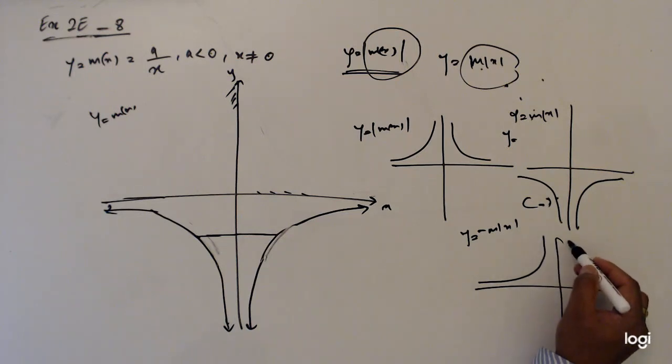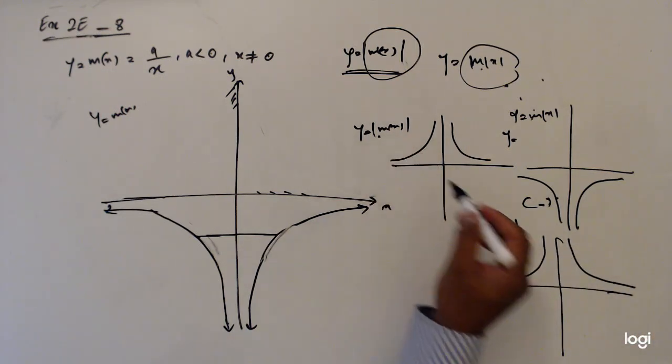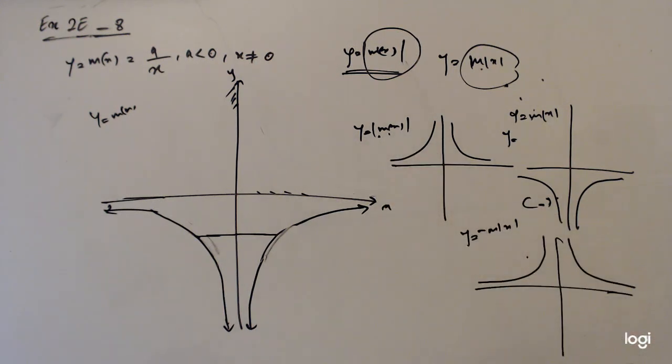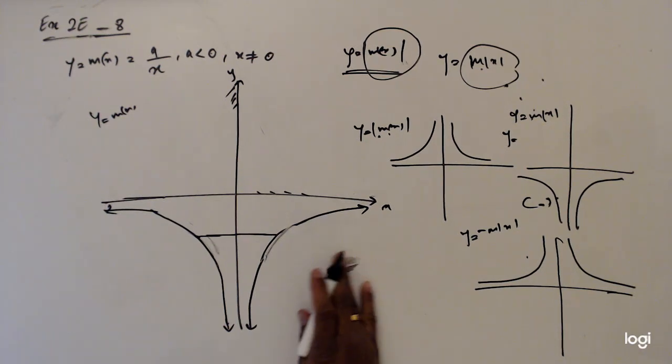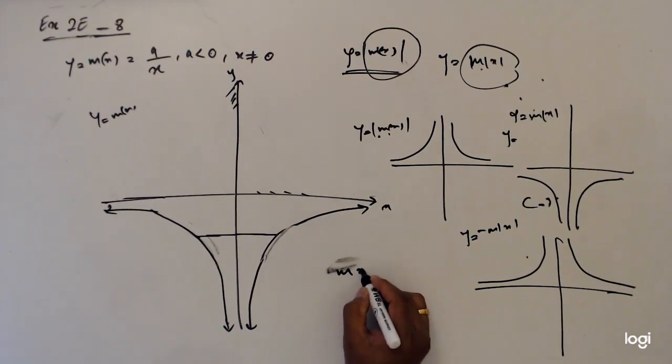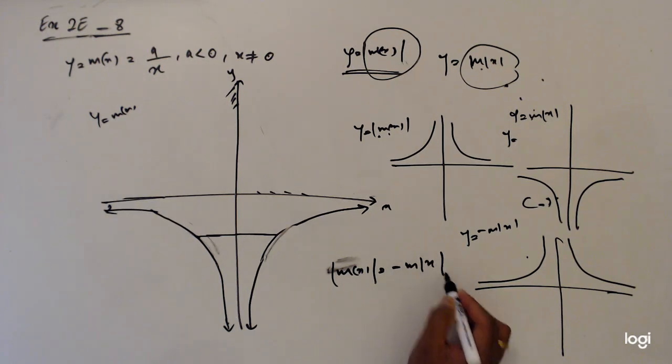So this is the graph. So this is same as this one. So y equal mod mx equal minus m mod x.